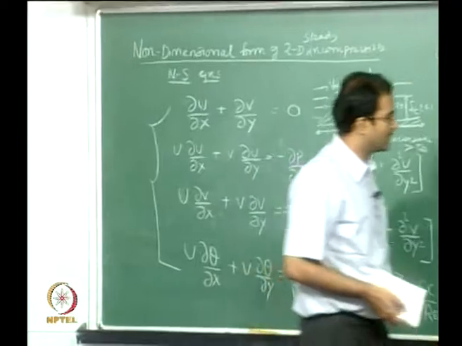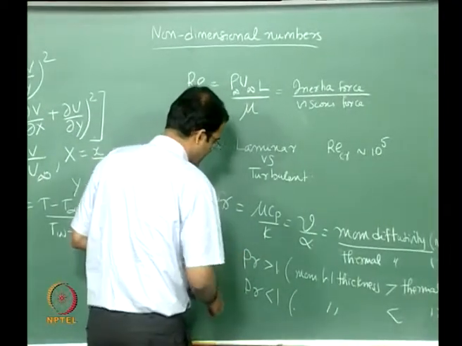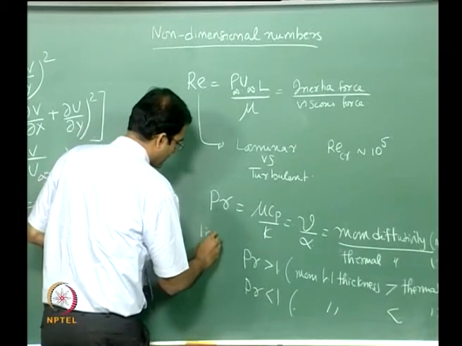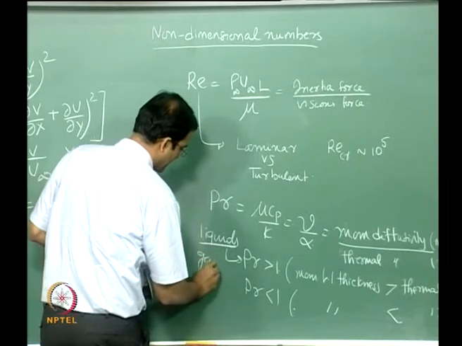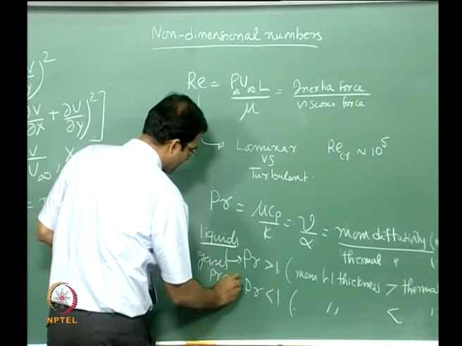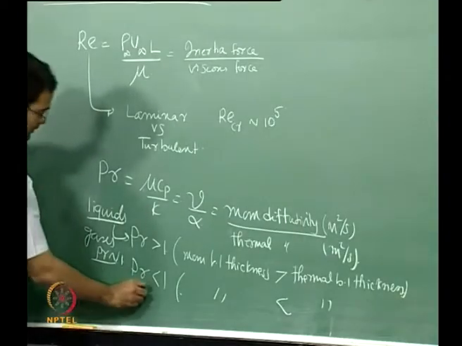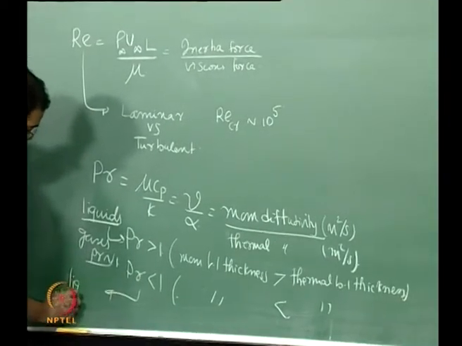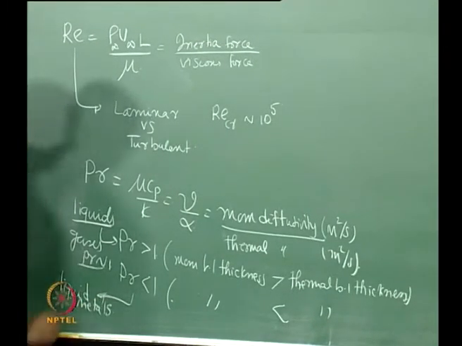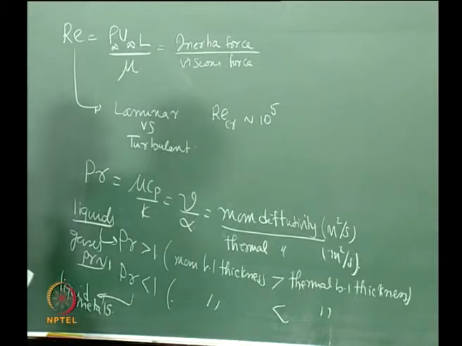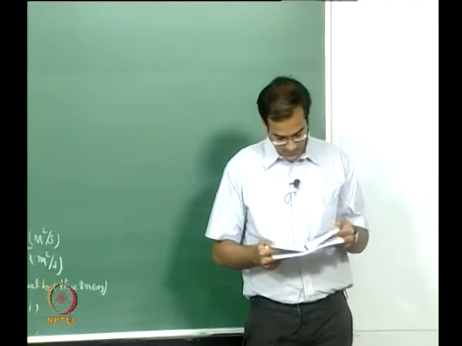Typically for gases you will have a Prandtl number close to 1. Typically for liquids you will have Prandtl numbers much greater than 1. Gases have a Prandtl number approximately 1, and liquid metals fall under the category where your Prandtl number is much lower than 1. So this is the other non-dimensional number appearing in the energy equation.